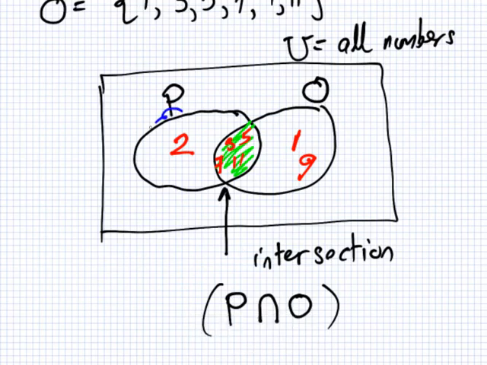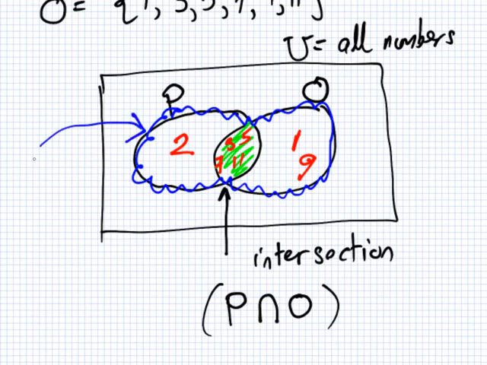And this set here, where it's everything that is prime or odd. So that would be 1, 2, 3, 5, 7, 9, 11. That has a name as well, which is called, does anyone know? Union. Yeah, and the symbol is a U. It's the opposite.